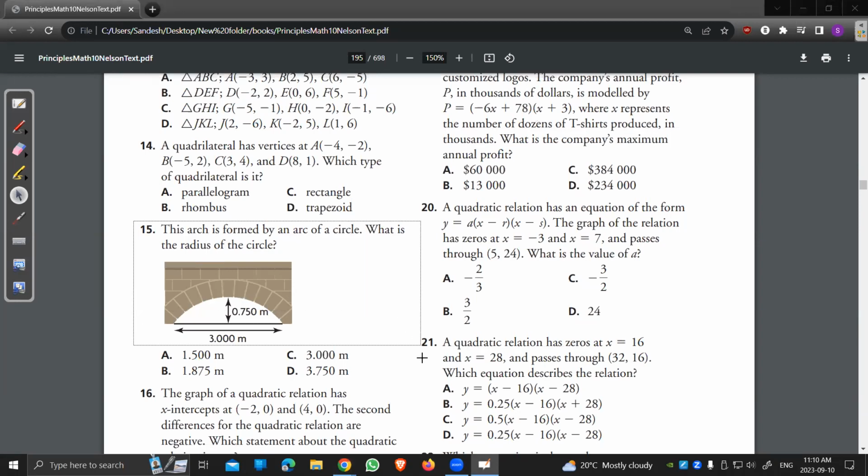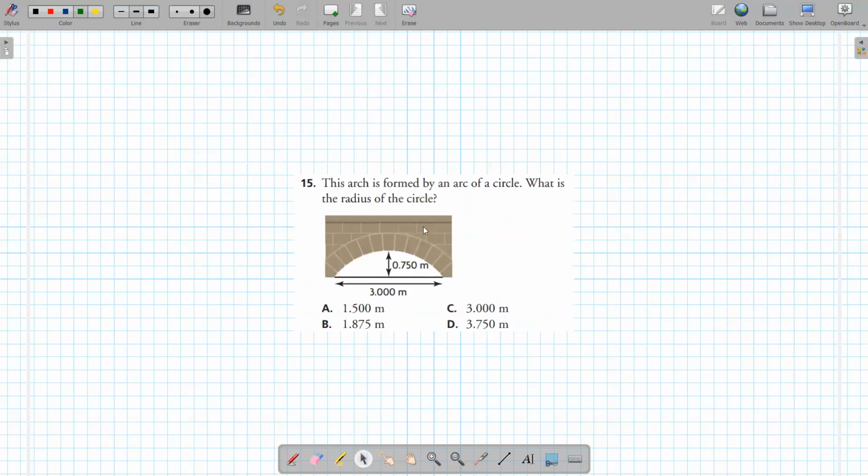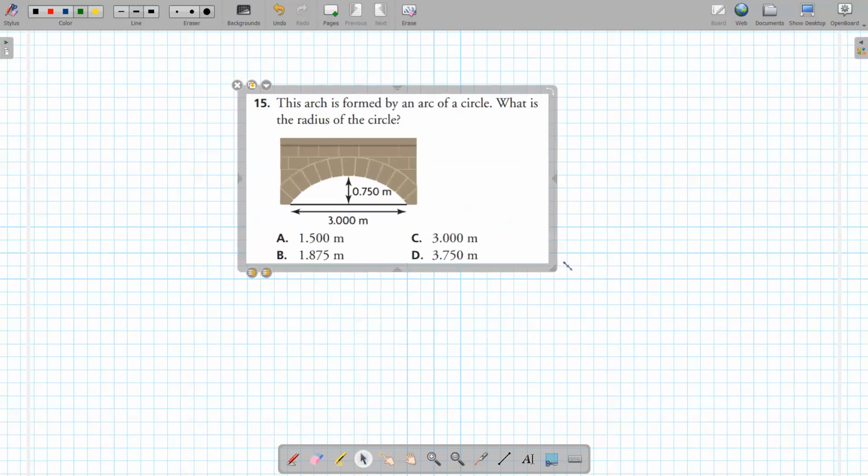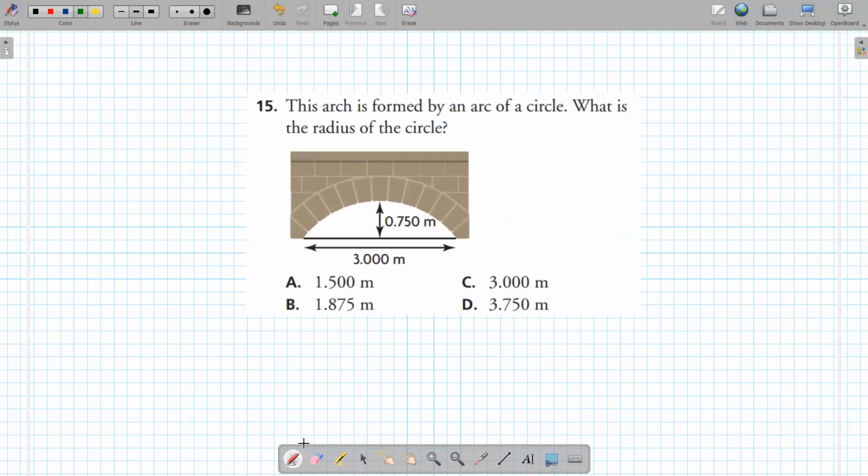This next question is a tricky one. It says we have an arch. What's the radius of the circle? There's options there as well. What do you think the answer is? They have given us some information and they're asking us for the radius. Is it 0.75?